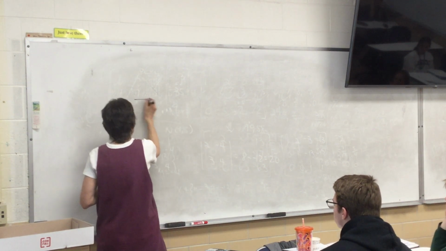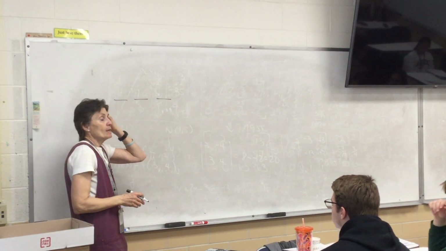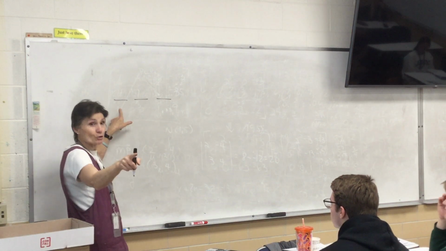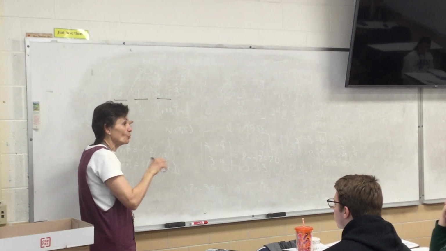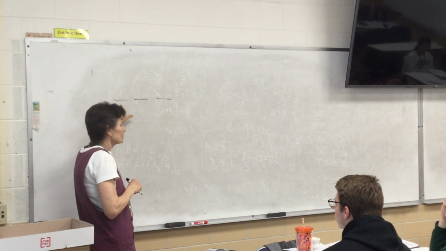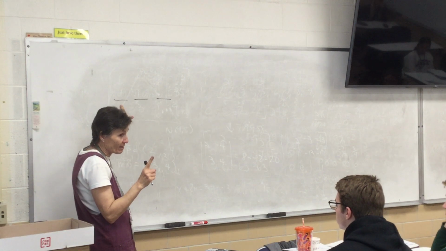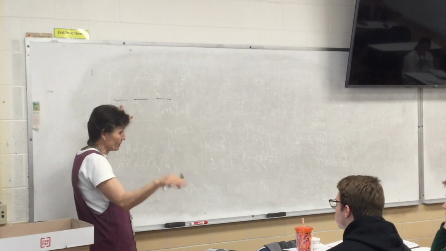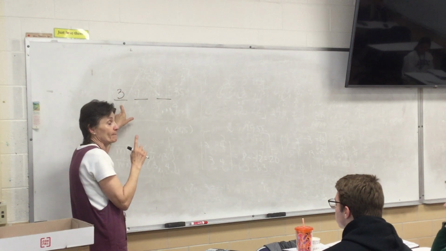Here are my 3 objects or people. I'm going to put somebody first in the line. How many choices do I have to put here? 3. I'm only going to put one guy there, but I have 3 choices, right? So I have 3 choices for spot 1.